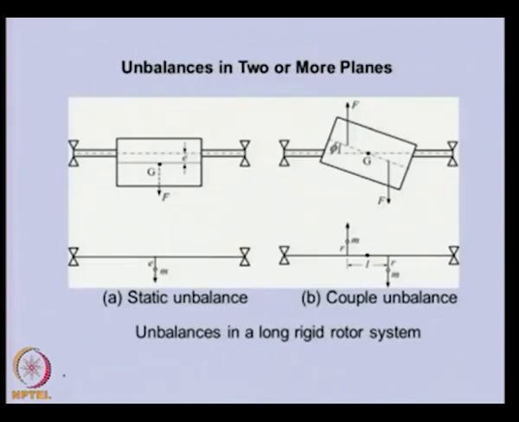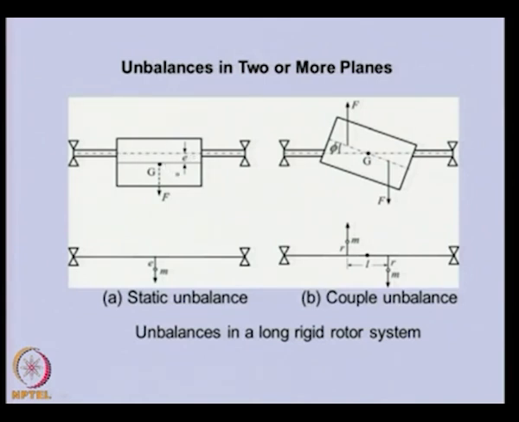In two plane balancing, you can see that there is a long rotor on a flexible shaft. In this case, this long rotor is offset such that the eccentricity is parallel, offset in the transverse direction, and constant throughout.